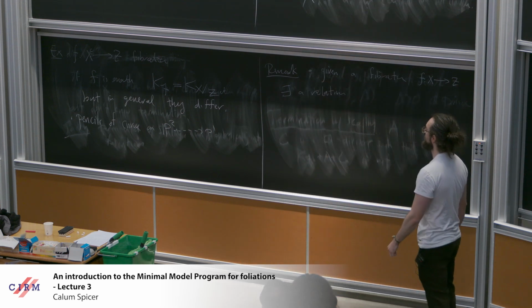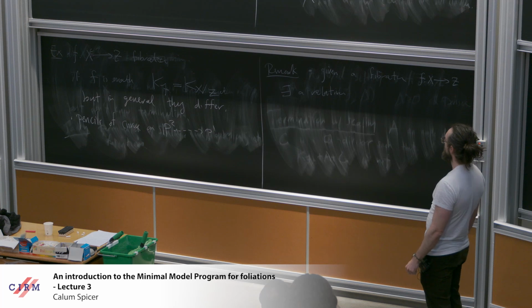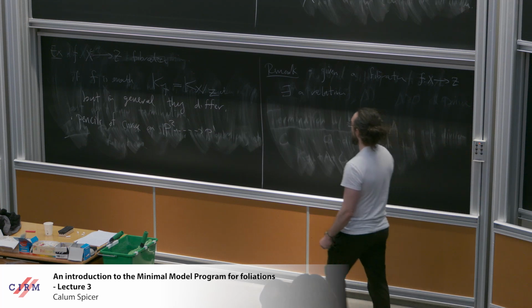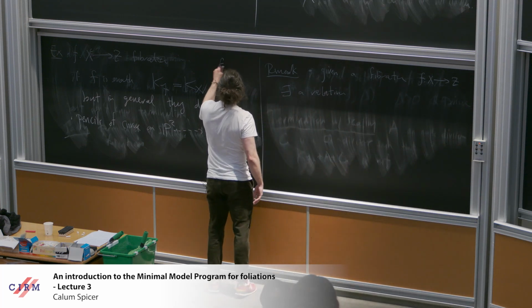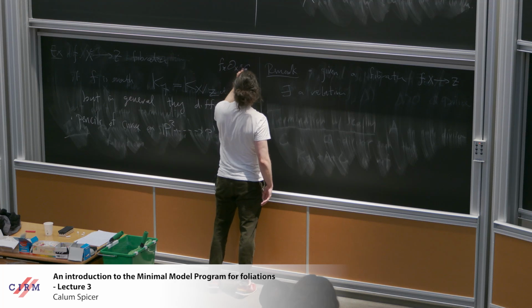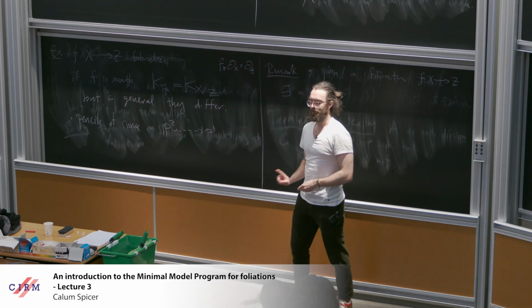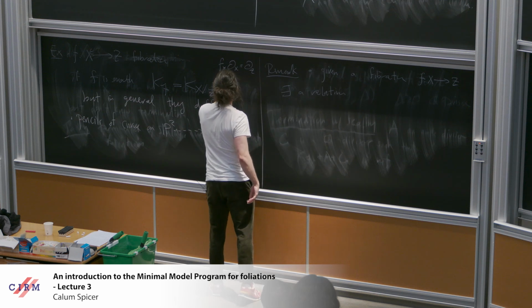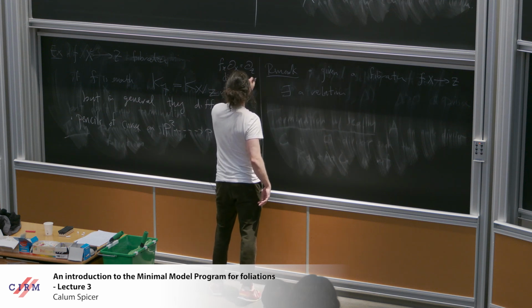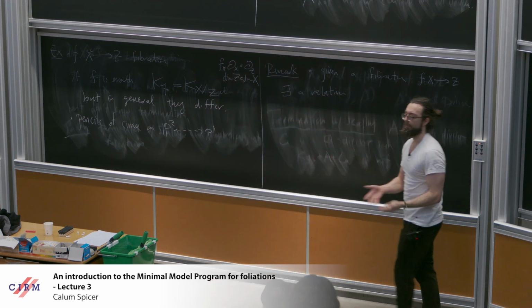A fibration is, let's say, a contraction, so f star O_X is equal to O_Z, and the dimension of Z is smaller than the dimension of X. I'm not assuming any kind of flatness.